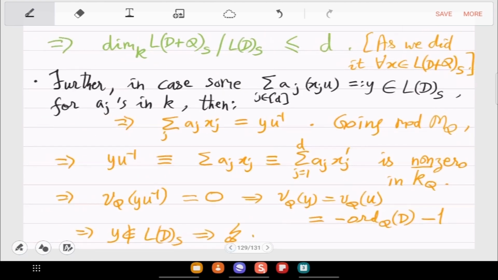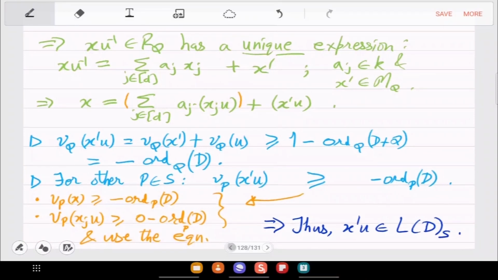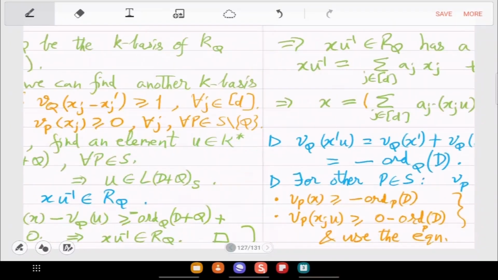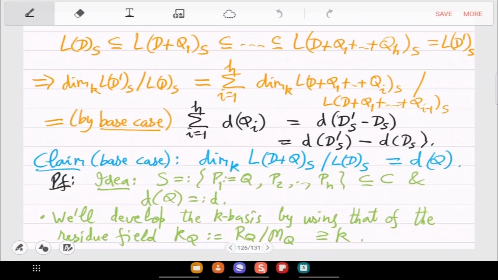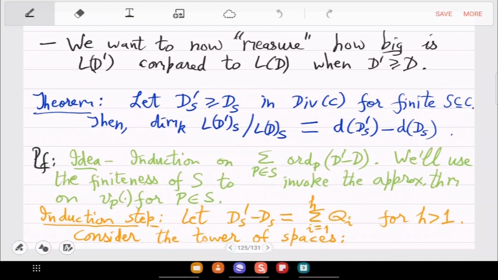So we have found a basis, and it is the full basis. So we have found the exact dimension. So this proves the claim base case, and from base case you can go to the main theorem. So we have proved the main theorem that dimension of LD prime mod LD is the degree difference. One point at a time you can do this.